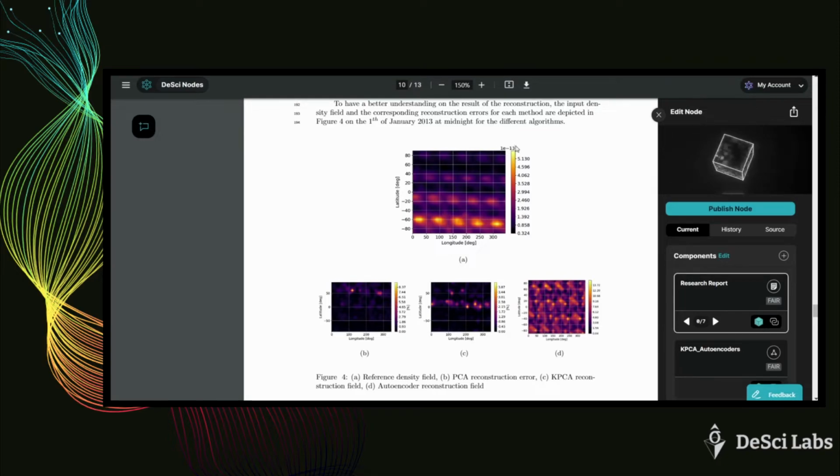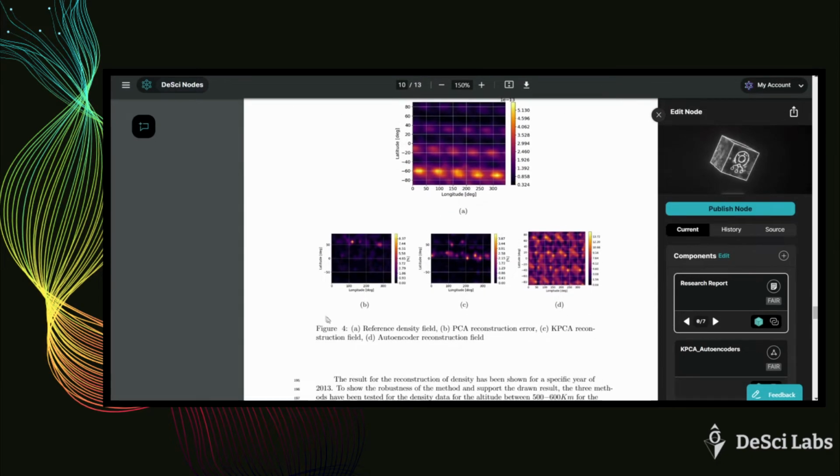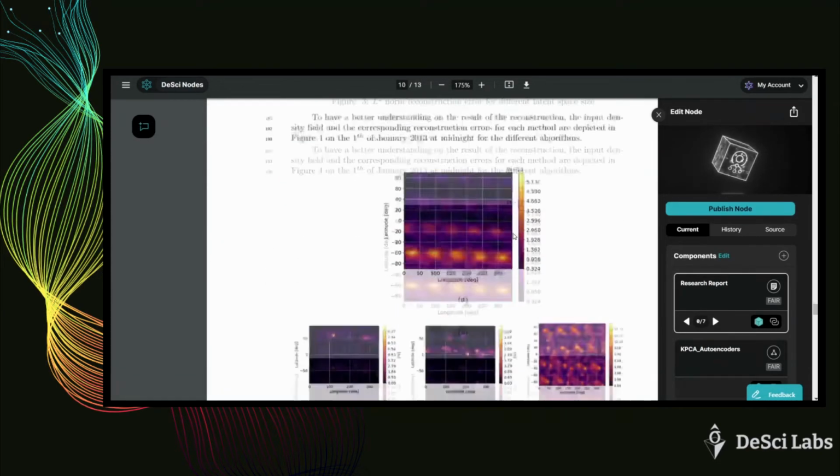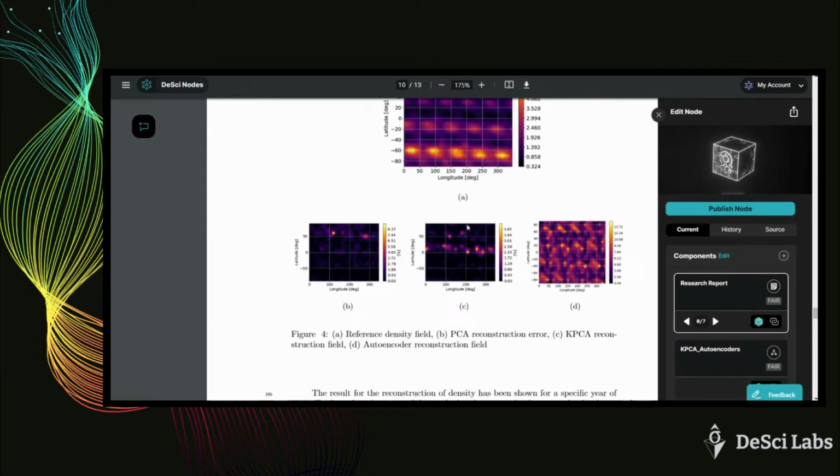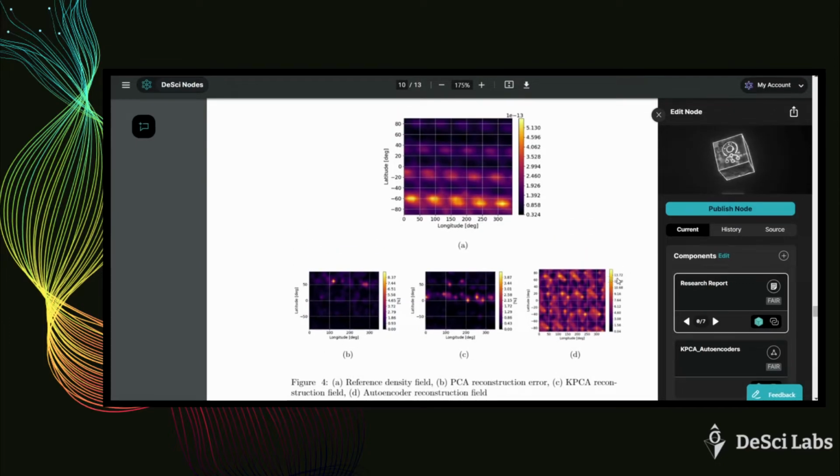And here we show the error. Okay, I think I made a mistake here. So this is the error for the PCA. Maybe I can maximize this. This is for the KPCA, and this is for the autoencoder. So you can see that the maximum error here is higher than this.